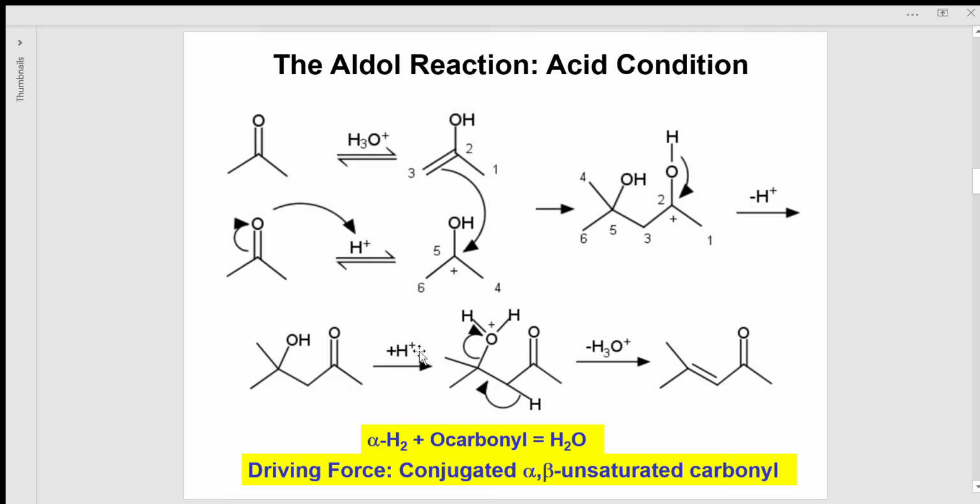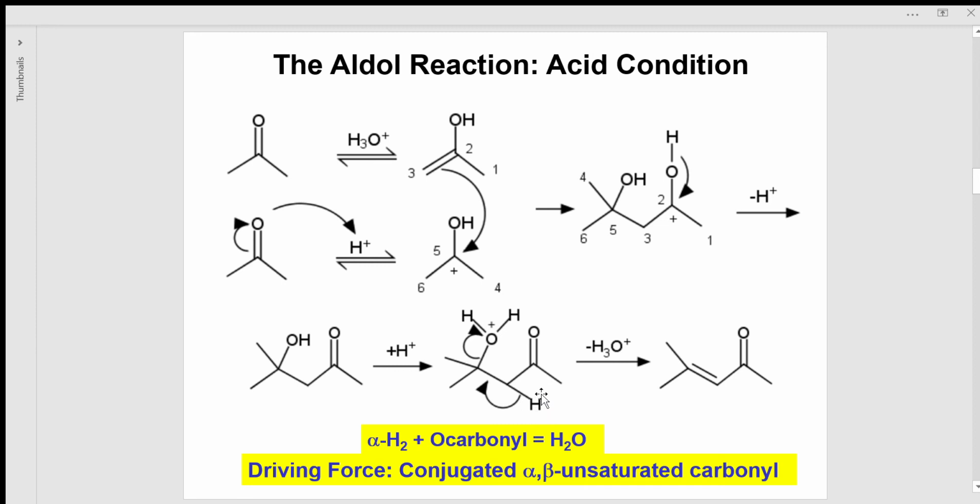The next step is the formation of a pi bond between the alpha position and the beta position. The first step is the protonation of this oxygen, which forms a good leaving group. This leaving group, basically water, leaves this molecule, and this is the acidic hydrogen.